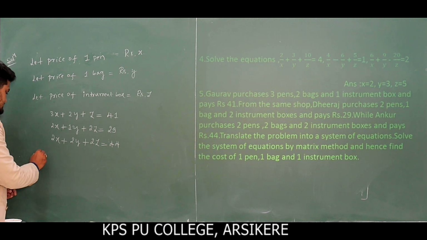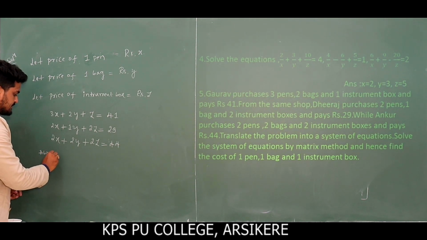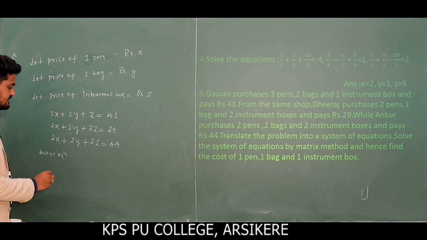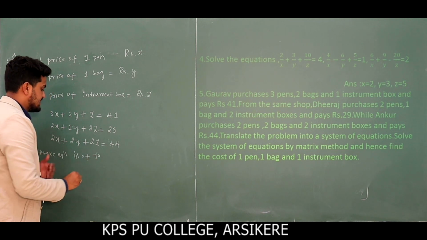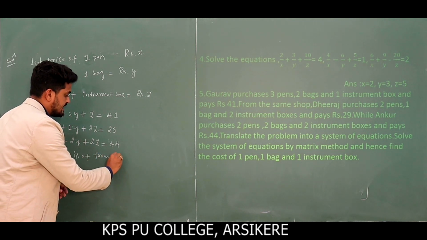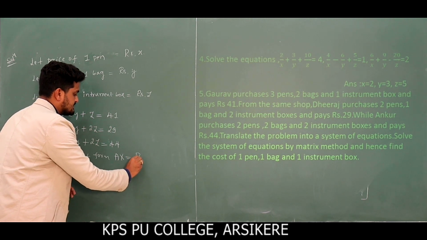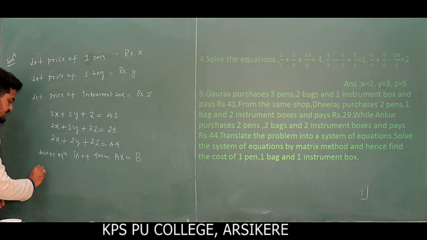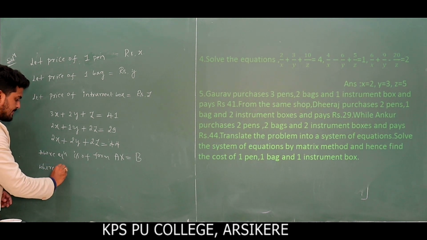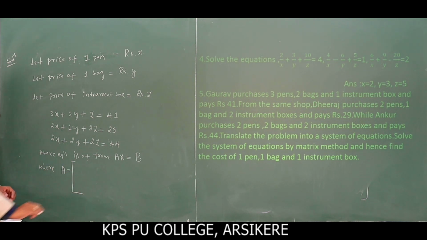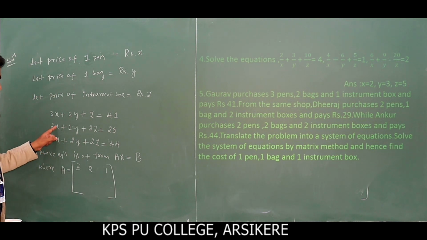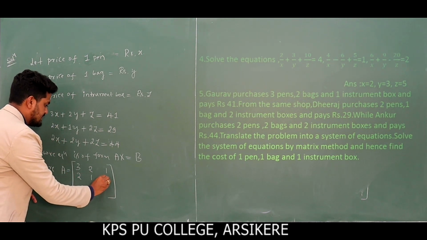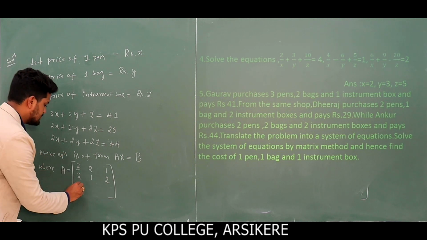We know that the above equations can be written in the form AX equals B, where matrix A is nothing but the coefficients: 3, 2, 1; next 2, 1, 2; next 2, 2, 2.